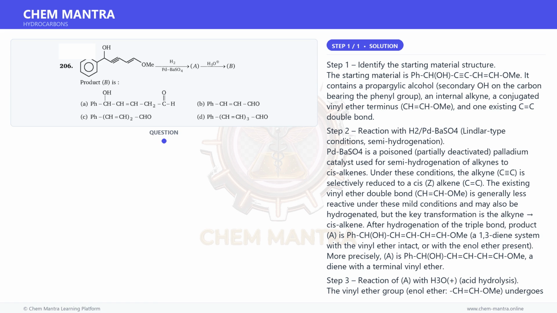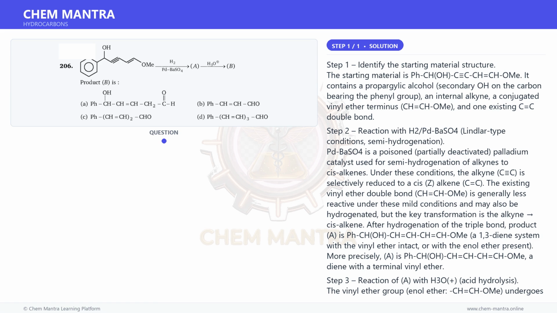Putting it together, starting from PhCH(OH)-CH=CH-CH=CHOMe, compound A, acid-catalyzed dehydration of the benzylic alcohol gives PhCH=CH-CH=CH-CH=. But we must track carbons carefully.